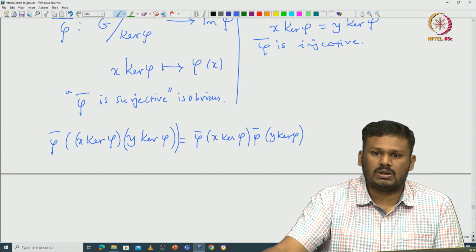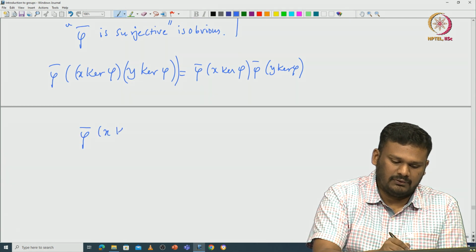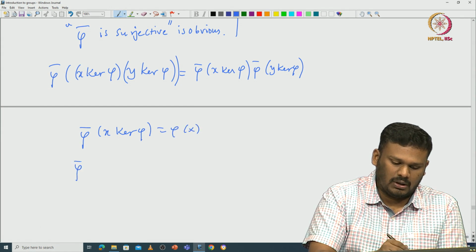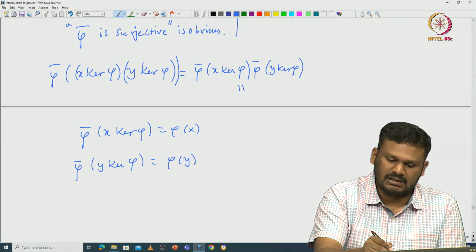Let us look at what it is. Phi bar of x kernel phi is exactly phi of x and phi bar of y kernel phi is exactly phi of y. So the right hand side is just phi of x times phi of y.